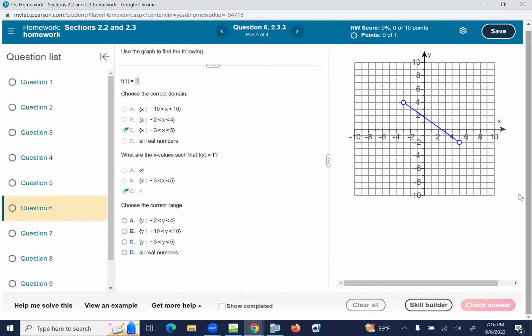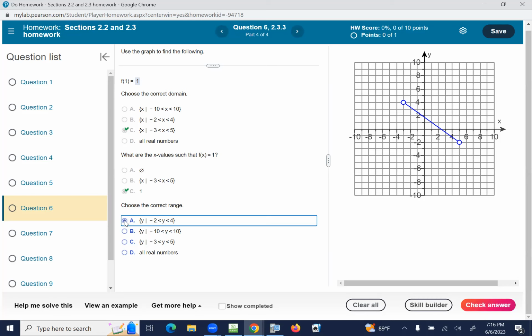Because y'all remember, the range is all those y values. So definitely a -2 for the left side. So go all the way up to the top point and see what that y value is. So that's 4. So we need something between -2 and 4. So let's see, -2 and 4 would be A.